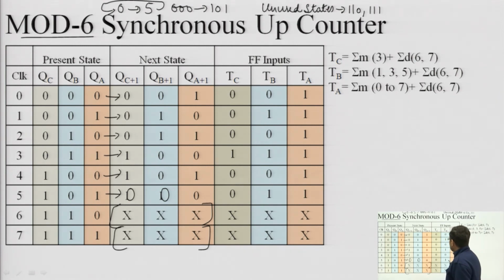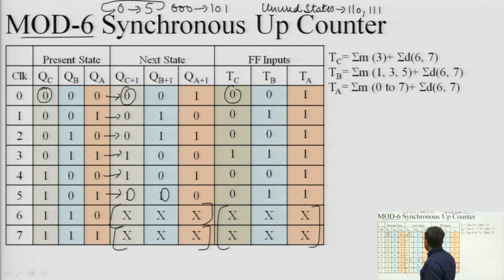Again, if the next state is not determined, then we cannot comment on the flip flop inputs, so these are also don't care. For the rest of the cases, we can write the values. For 0 and 0 there is a transition 0, so there are 3 zeros.